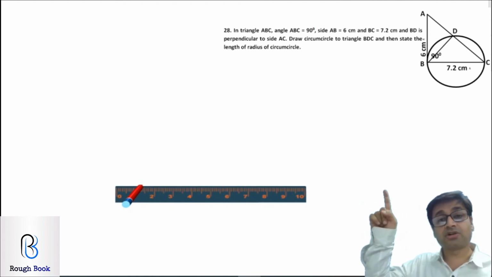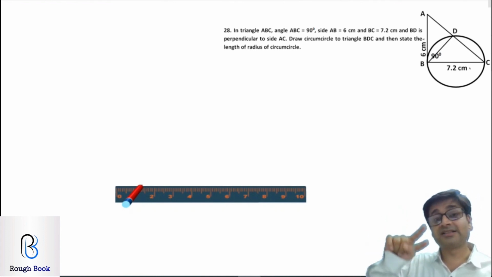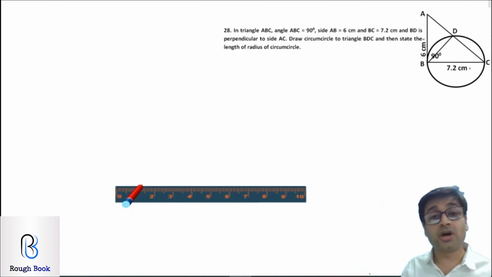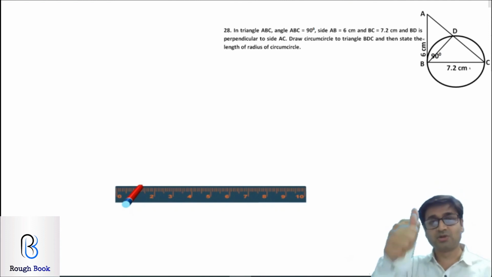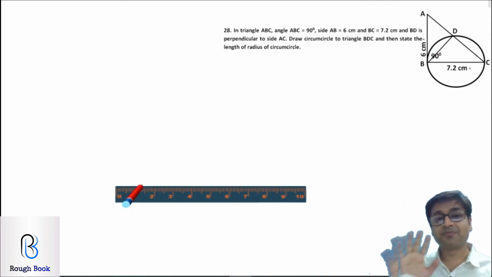Angle BDC is automatically 90 degree. So the property of circle says if the angle is a right angle, it lies in a semicircle. So if it lies in a semicircle, that means BC becomes your diameter. Super. So now you know if BC is your diameter, how to draw a circle through B and C.